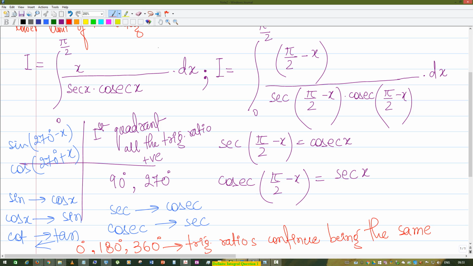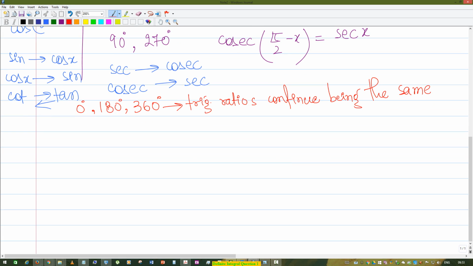So, going back to the question. Now our integral will become I equal to the integral where the lower limit is 0 and the upper limit is pi over 2. Still the limits are the same because we haven't substituted any parameter as yet.